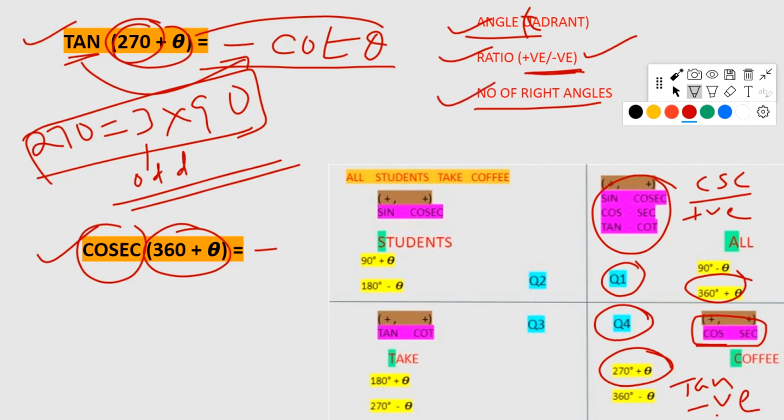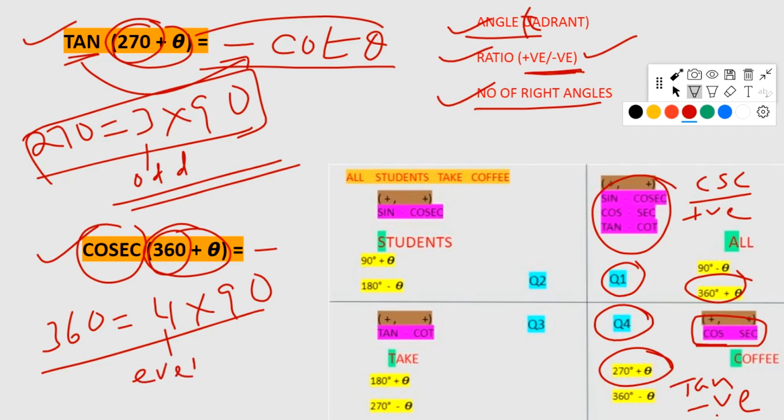Next, number of right angles. Here the angle is 360. 360 means 4 right angles. 4 90s are 360. Here 4 is even. So it is an even number of right angles.